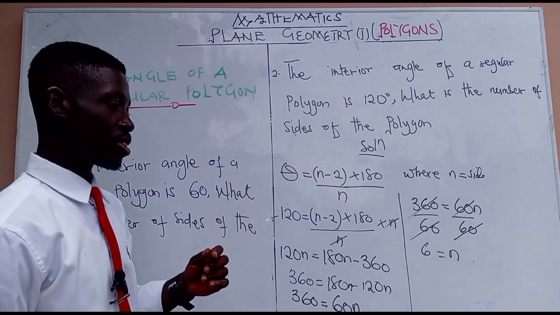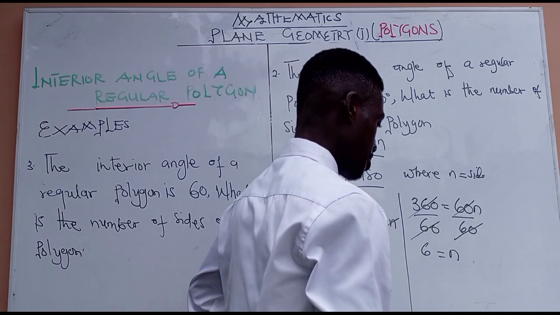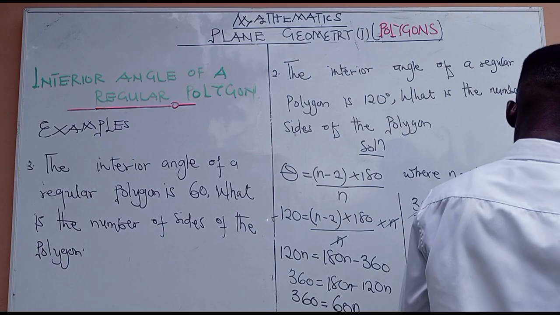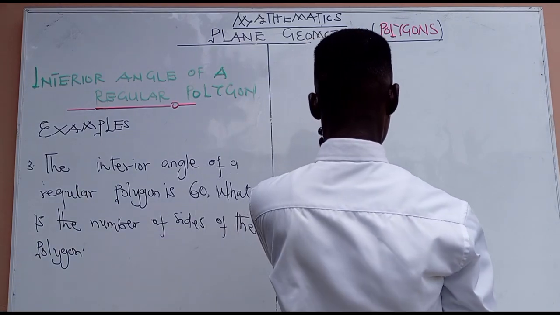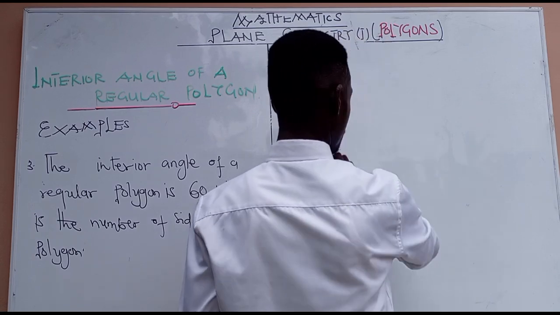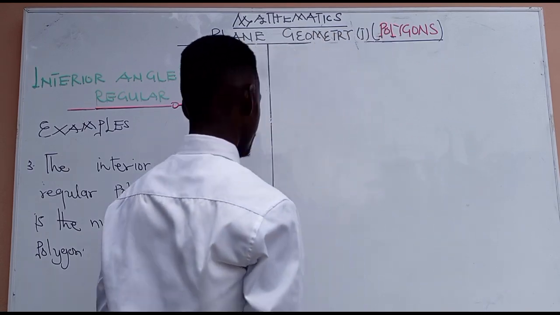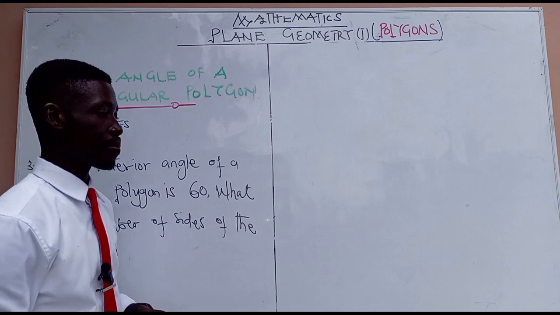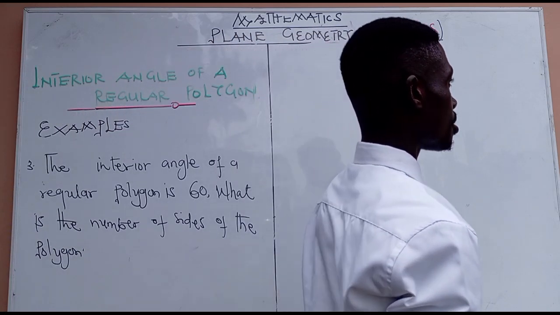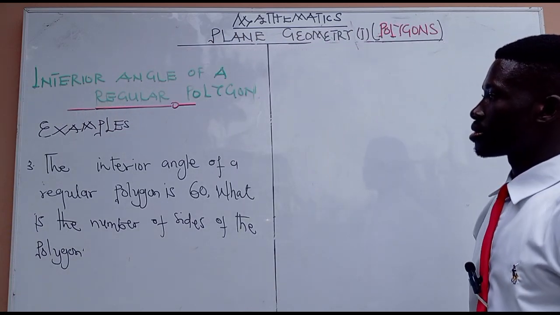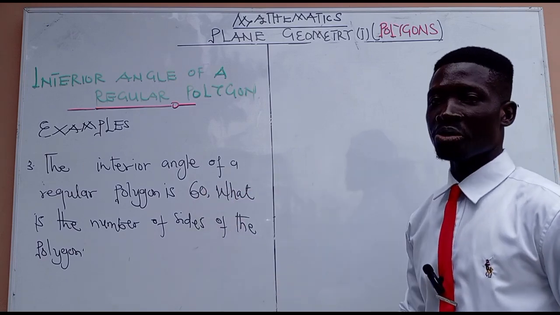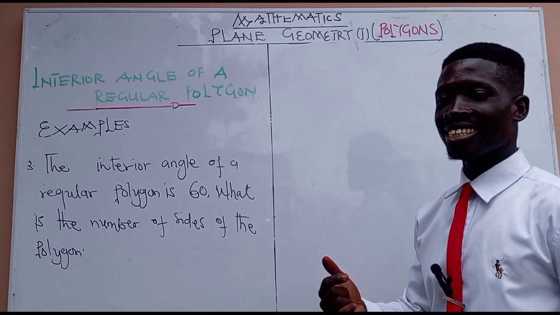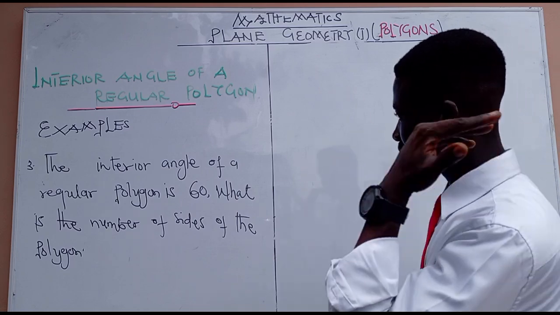Try your hands on it whilst we take the next example. Now I guess we're able to find the number of sides of this polygon. Let's try our hands on it and see if you are on the right path.